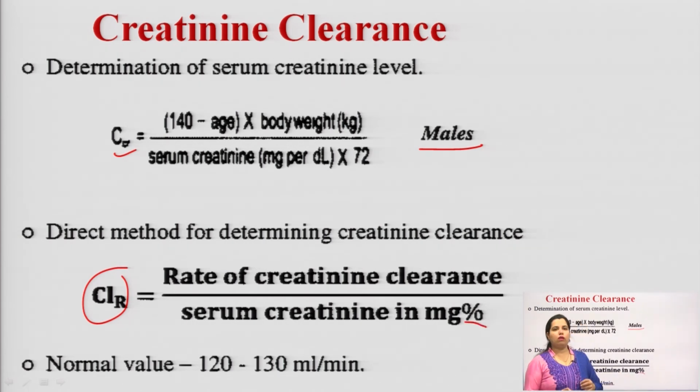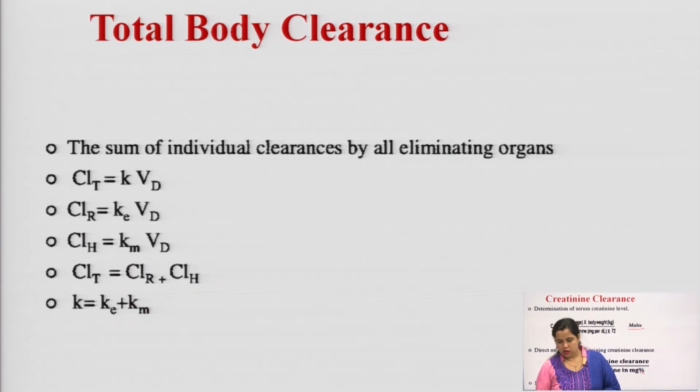So, this is how we calculate creatinine clearance. The normal value lies between 120 to 130 ml per minute.